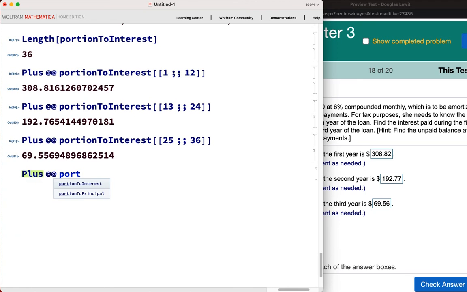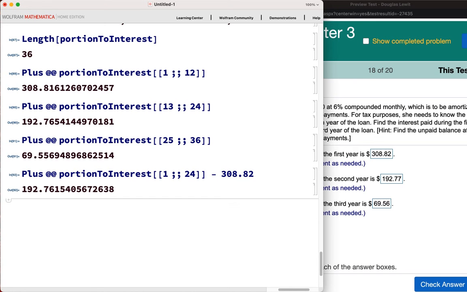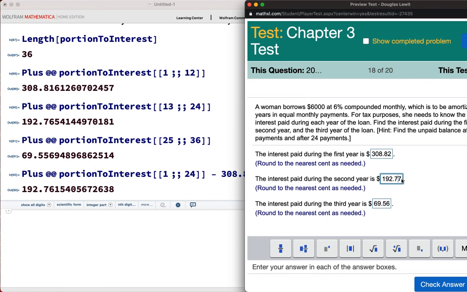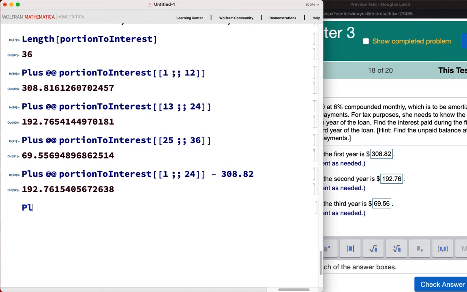So what we can do here is portion to interest, 1 to 24, minus $308.82. So then this would be 76 cents. And then this would be the actual total.